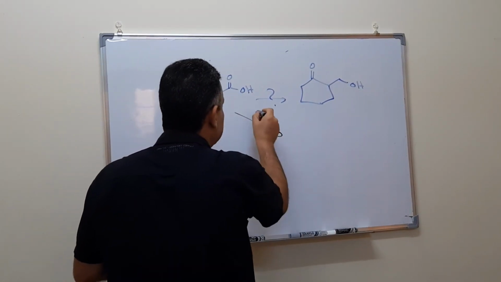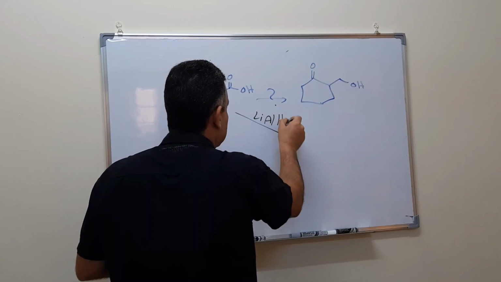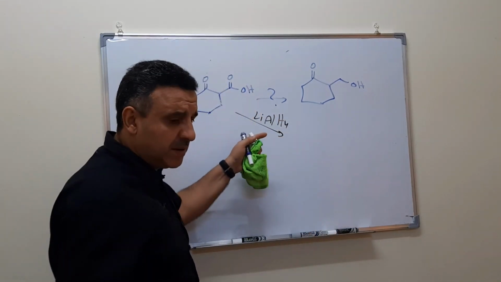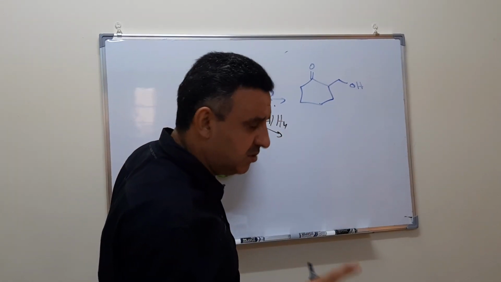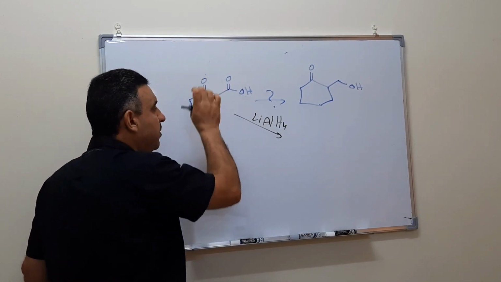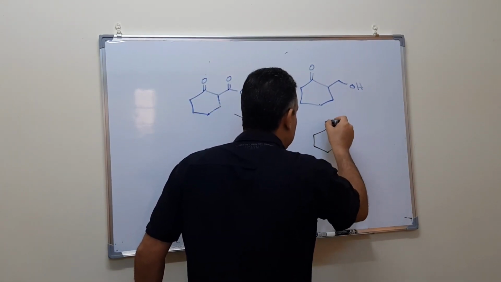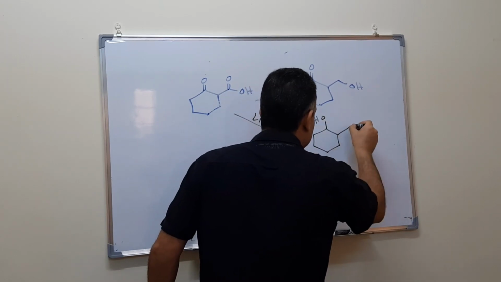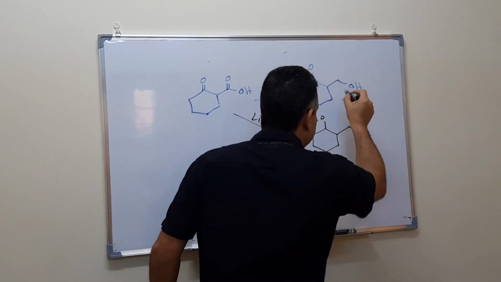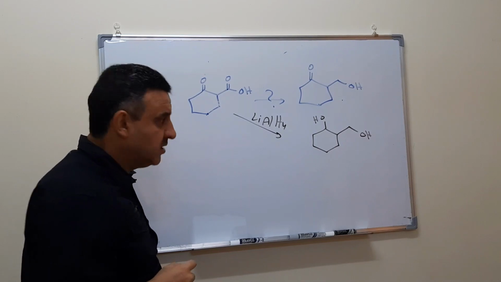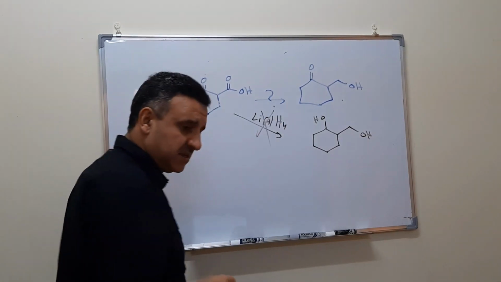If we use lithium aluminum hydride, what we are going to get? The lithium aluminum hydride is a powerful reducing agent. It will reduce both functionalities. So of course we are going to end up with this compound, which is different than what we need. So this definitely is not correct.